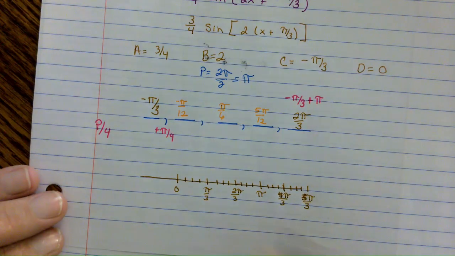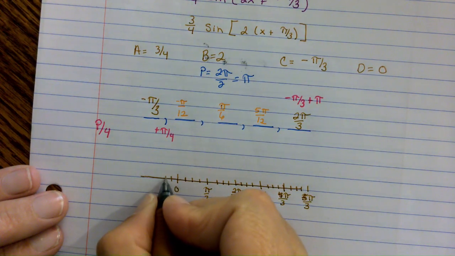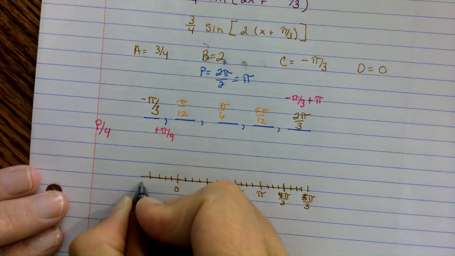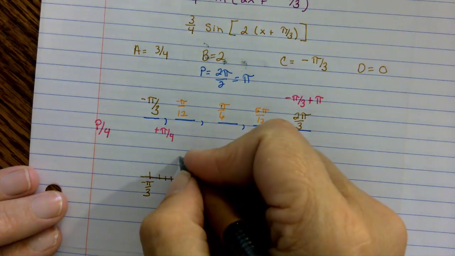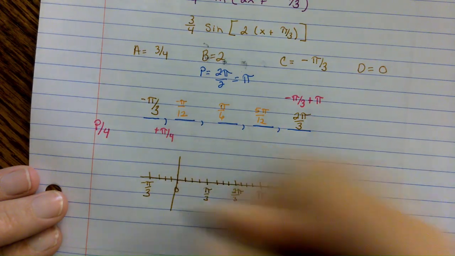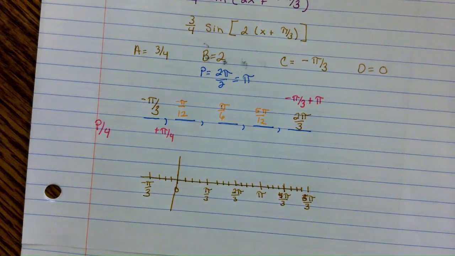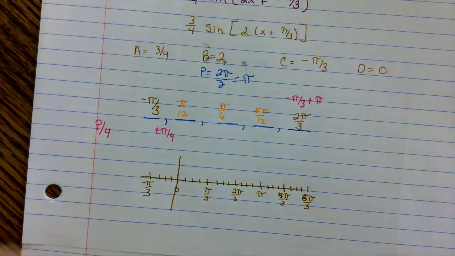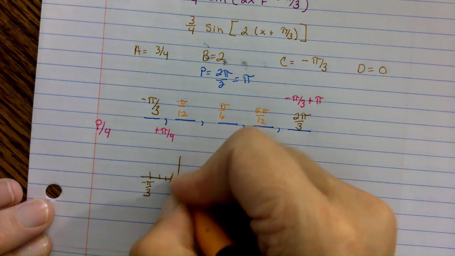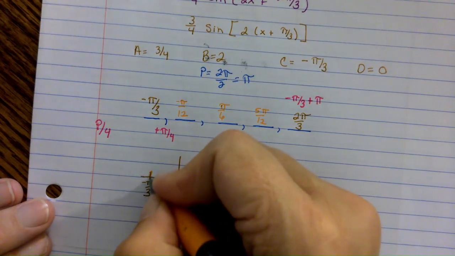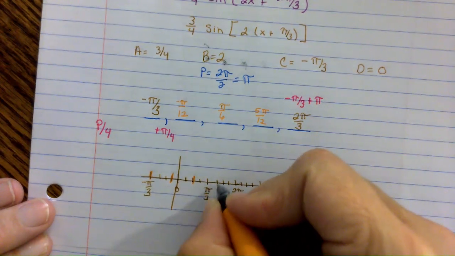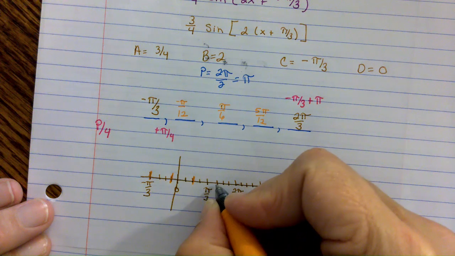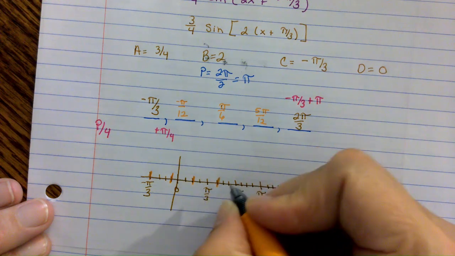Okay, so 1, 2, 3, 4. There's negative pi over 3. Okay, so my scale is 1/12. So here's negative 1/12. Here's negative pi over 3. Pi over 6 is 2/12. 5 twelfths would be right here.